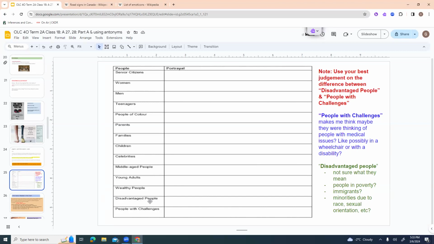And disadvantaged people, again, I wasn't sure what they mean. Do they mean people who are in poverty, immigrants, minorities because of race issues or sexual orientation? For those two, I will happily take whatever you give me as long as I can reasonably see why you would think it belonged in that category, because I think that's a little bit ambiguous and hard to understand.